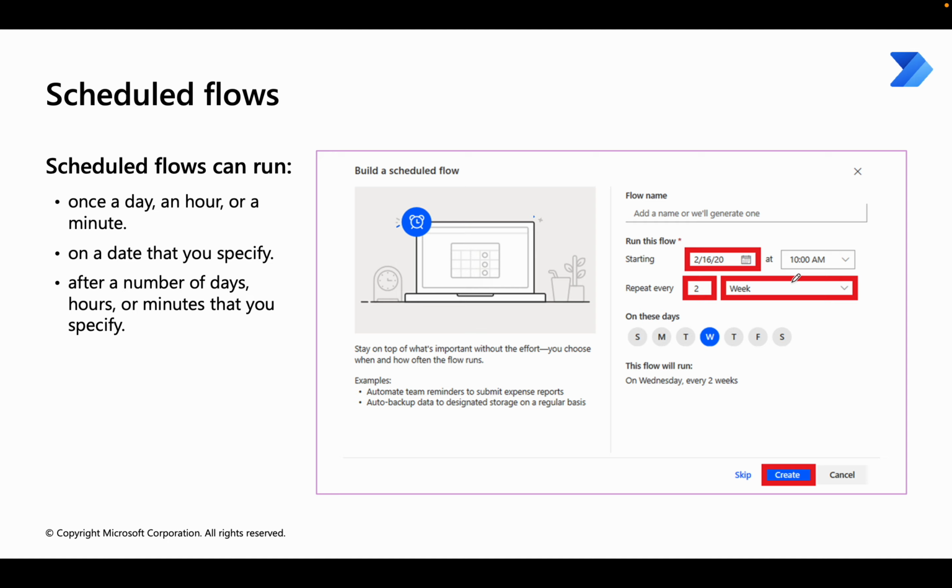For the scheduled flow, you may start your flow, say once a day, or once an hour, or once a minute, or on a particular day you specify, etc. So that is called the scheduled flow.